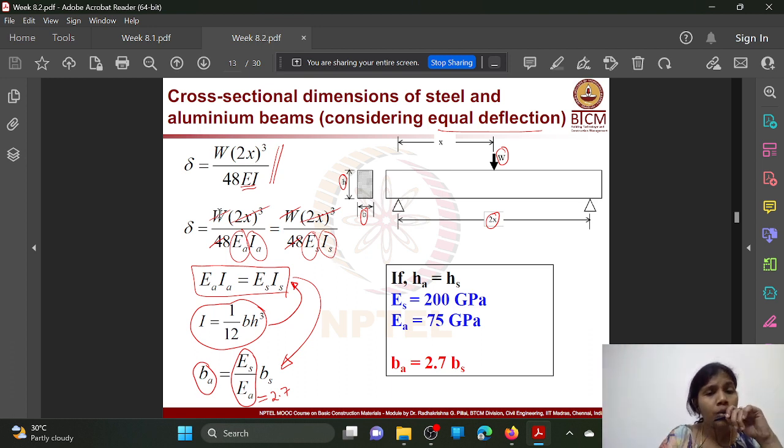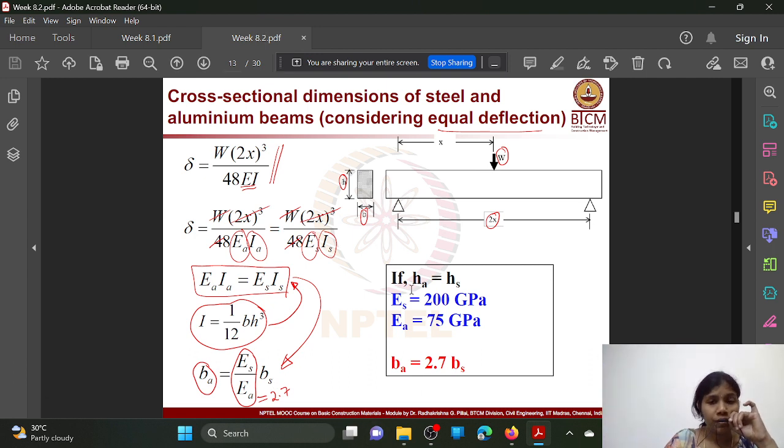So this is W L cube by 48 EA IA, that means elastic modulus of aluminium and moment of inertia of aluminium. Then this is for the case of steel, and when you equate it, what you get is EAIA is equal to ESIS, and this is a rectangular section, so I is BH cube by 12.